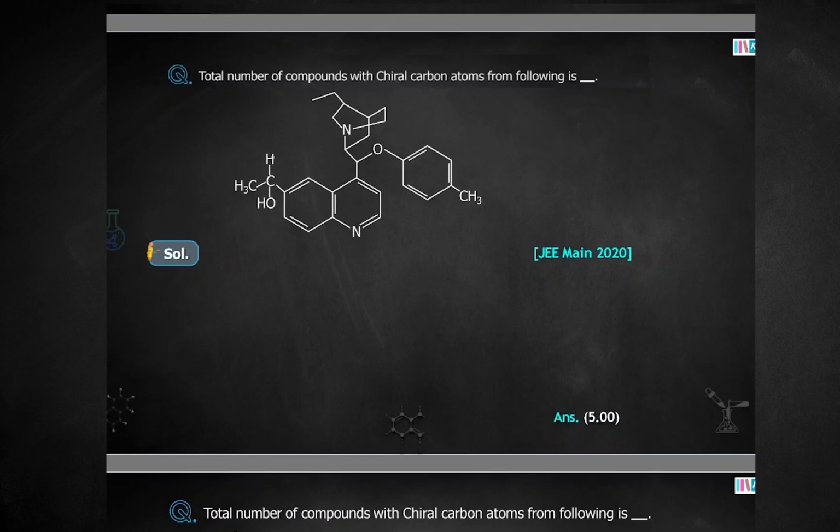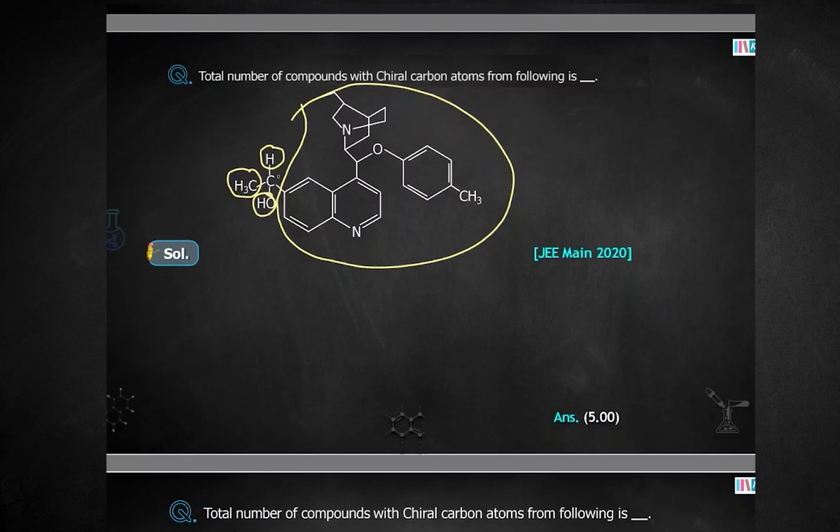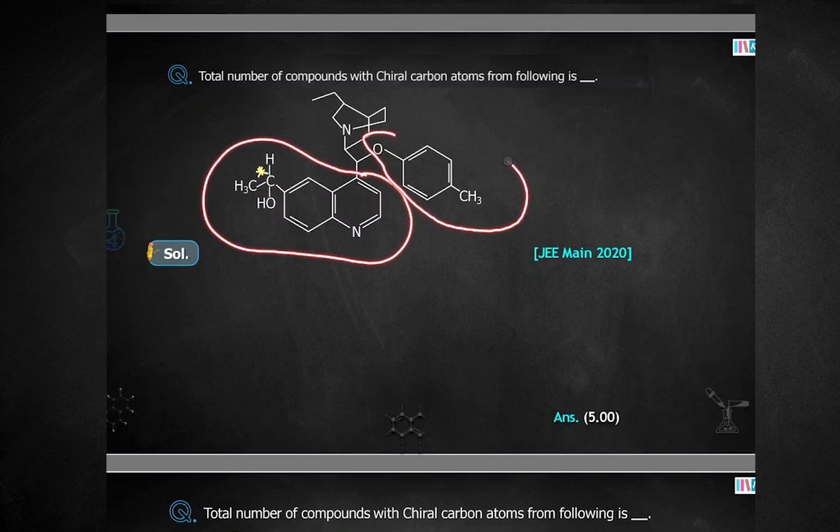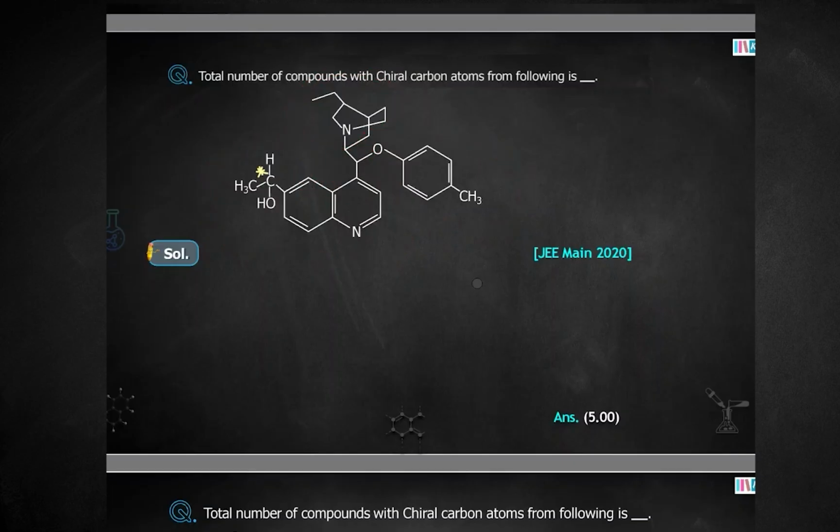So this carbon is attached to hydrogen, methyl, OH, and the 4th group is this. So definitely this carbon is a chiral carbon. Okay, so this is our first chiral atom right now. Next, now check this particular part. This is one segment, this is second, this is third, and 4th is the hydrogen. So definitely this particular carbon is a chiral atom.